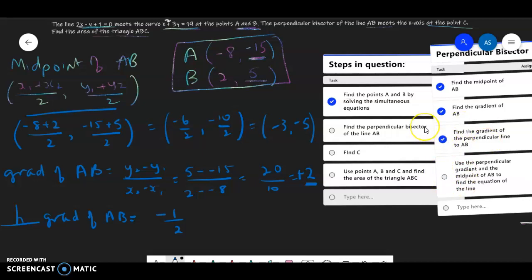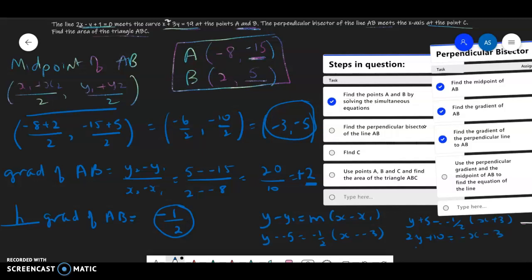Lastly, I need to find the equation. The equation of this line will use this as the gradient and this as the point. So I'll use y minus y1 equals m into x minus x1, and I'll get y minus minus 5 equals minus a half, x minus minus 3. This gives me y plus 5 equals minus a half x plus 3, simplifying 2y plus 10 equal to minus x minus 3.